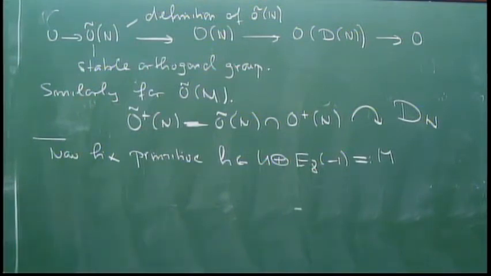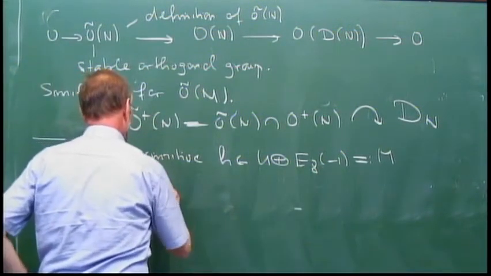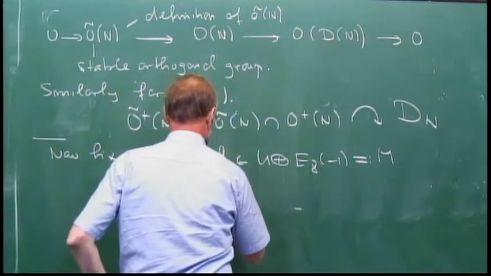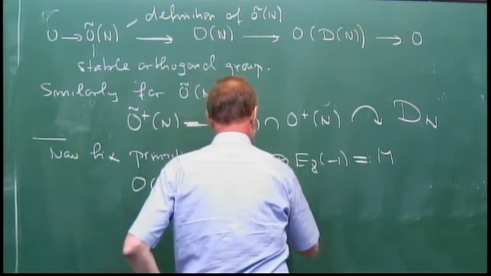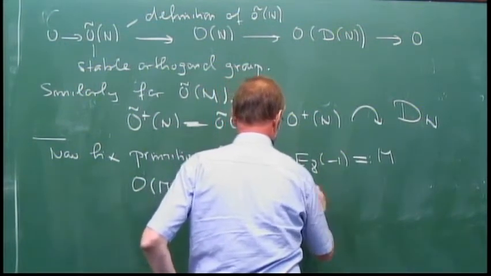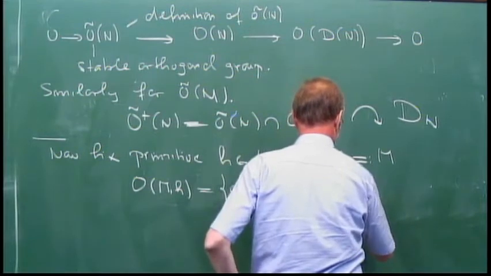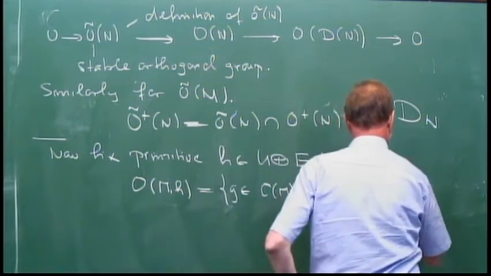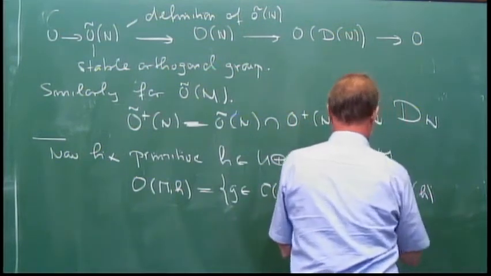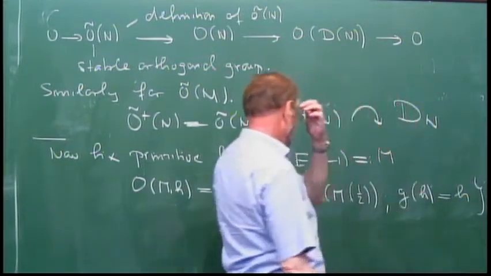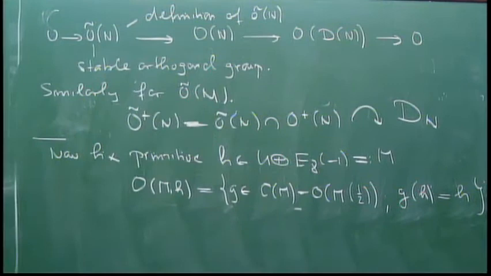And then we can look at OMH, which is the set of all g in OM, which is the same, by the way, as gM 1/2. I mean, the scaling of the form does not change the fact that it's an isometry in any way.